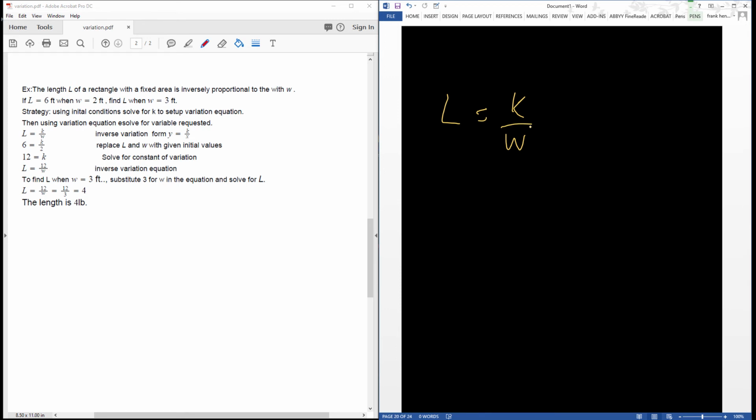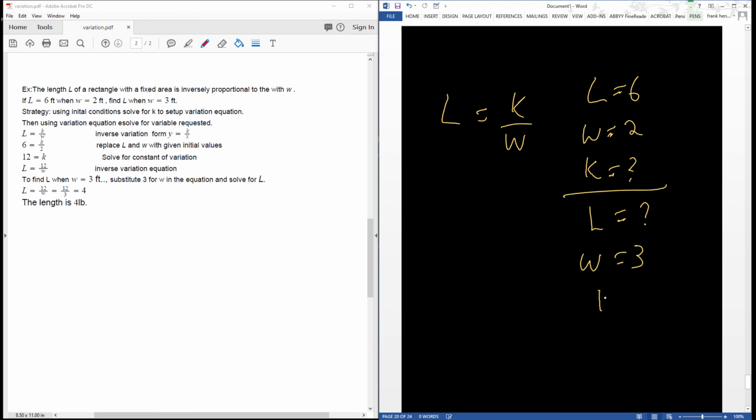Initially, we are told that L is 6 when W is 2 and k is unknown. They want us to find L when W is 3 and k is still unknown.